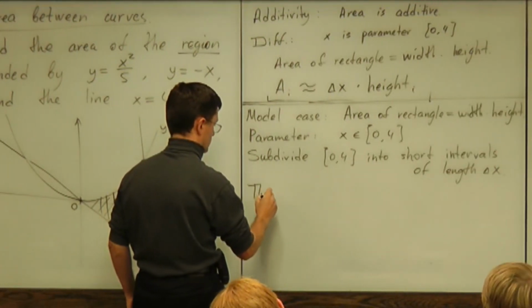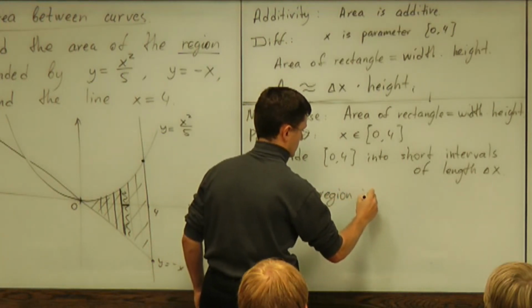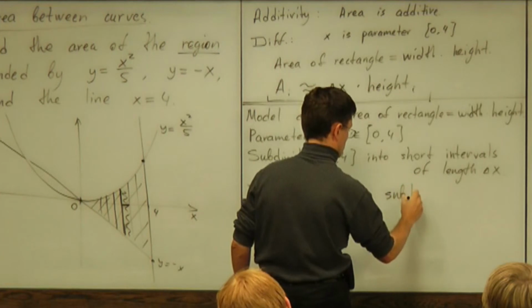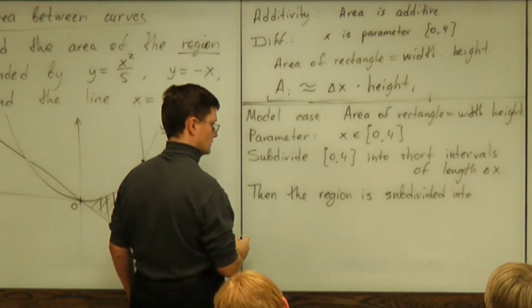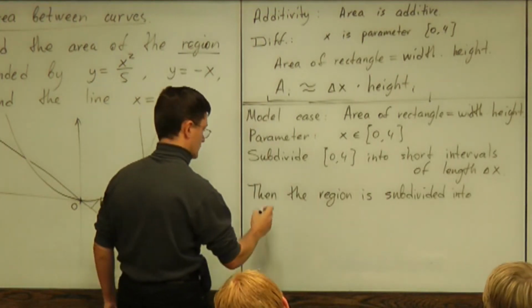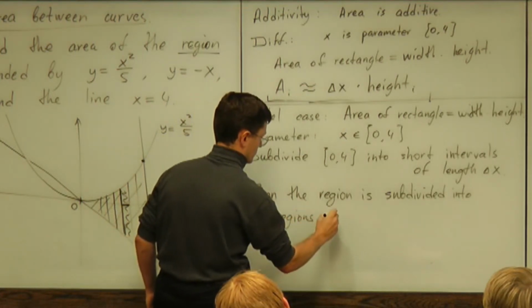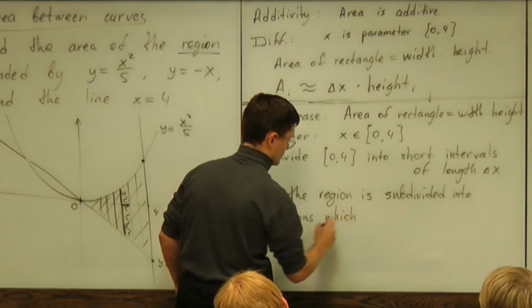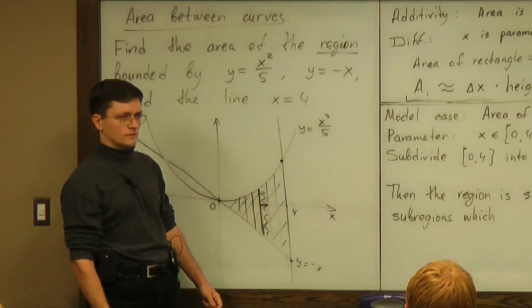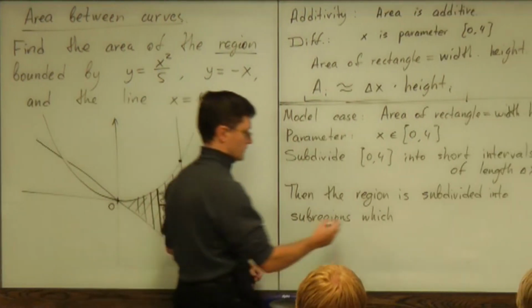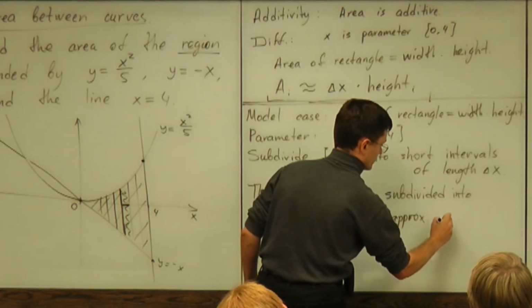So then the region is subdivided into subregions. And what's important about those little regions is that they are approximately rectangles.